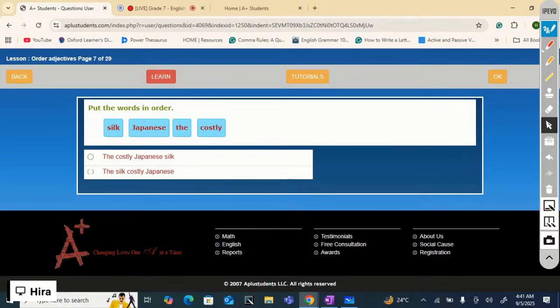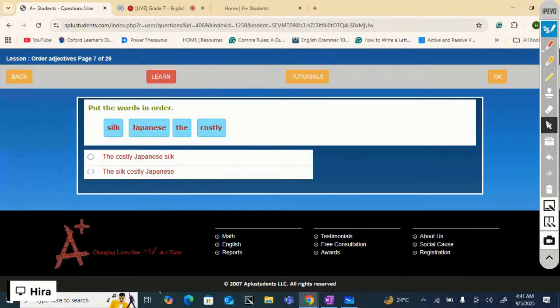Option two? No, Esther. It's not option two. In option two, silk is the noun, and the noun is in second place. All the adjectives should come before the noun. So option two is not correct. Look at option one, the costly Japanese silk.